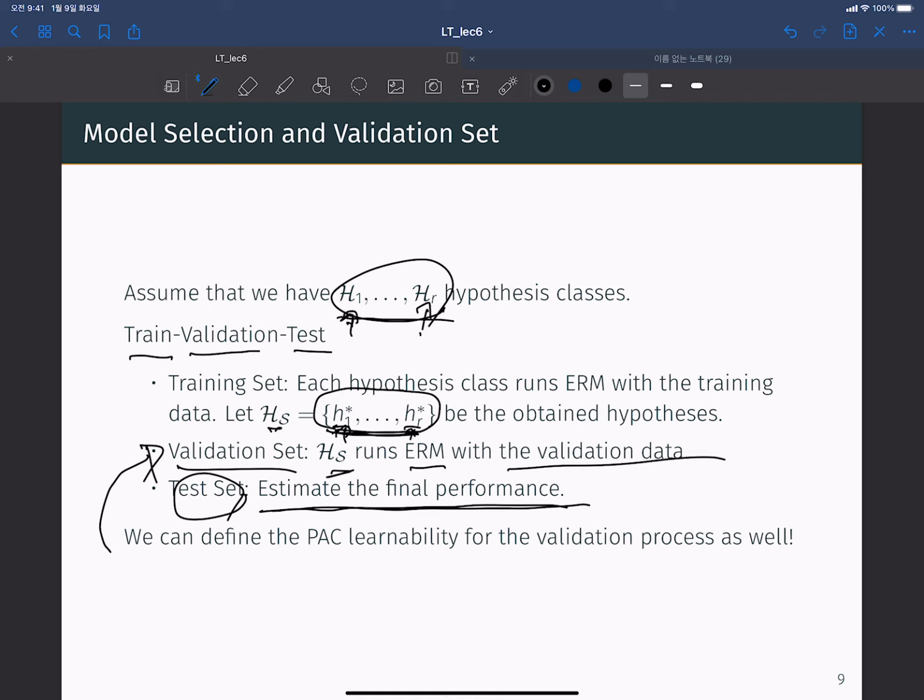That is also ERM learning. Basically, from the validation set, we compute a kind of validation training error for each selected hypothesis, and then choose the best one.